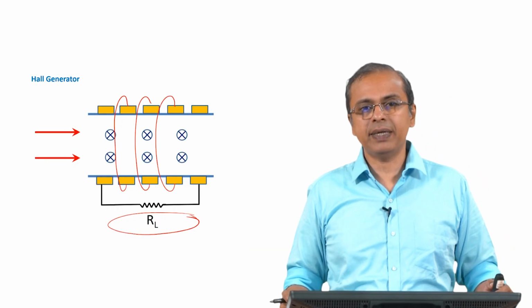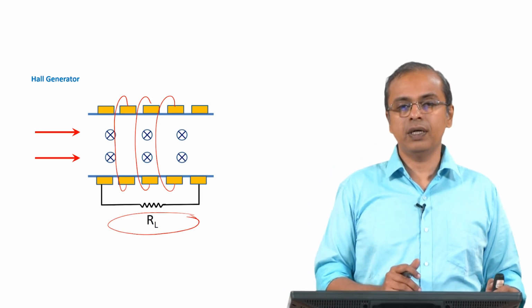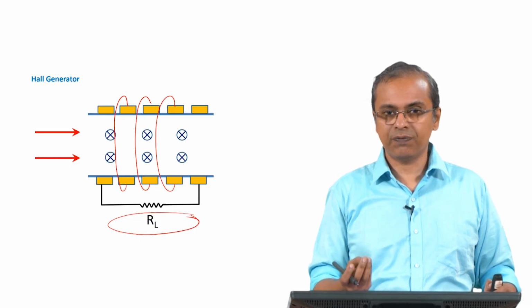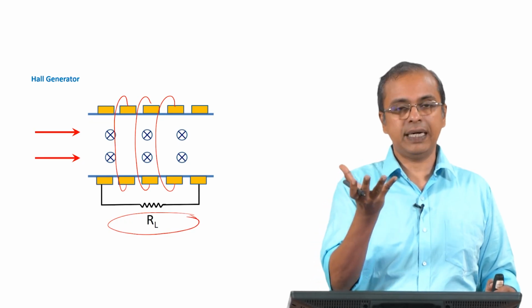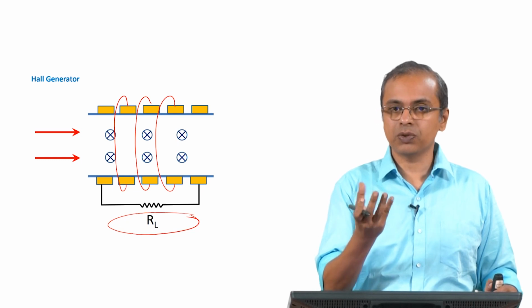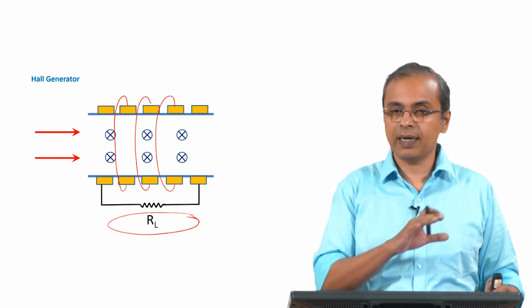There are other implementations also which people look at, which are not really in this mode. For example, they create a disc, where the fluid comes in the center of the disc and then goes out radially. The images that I have shown you so far are linear.